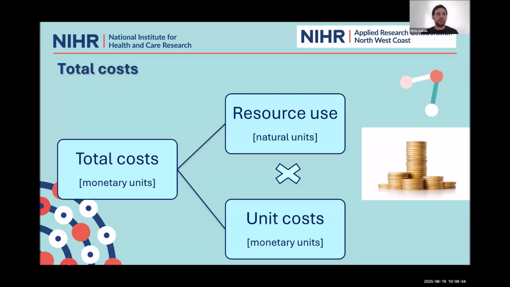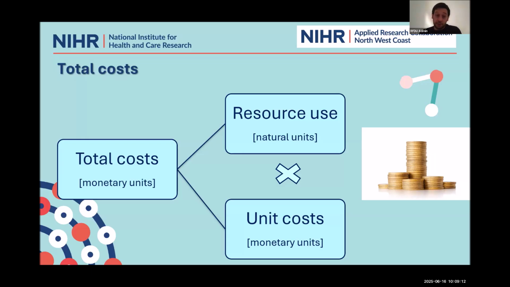In the same way, you go to the supermarket and you need to buy some ingredients to, I don't know, bake a cake, for example. You will need X amount of sugar, X amount of flour, and so on. That's your amount, and that is expressed in natural units. You might need 3 medications, for example, or 4 sessions with a therapist, or 1 consultation with your GP. Okay, so that's what we mean by resource use.